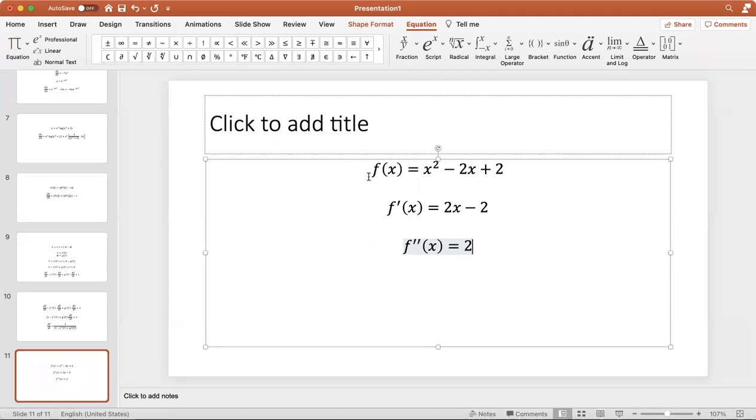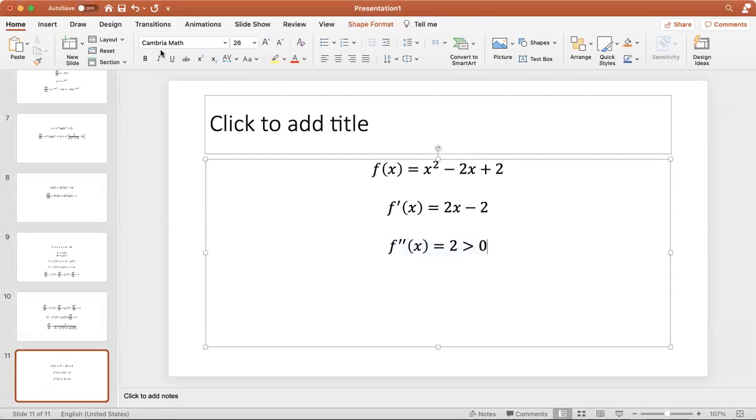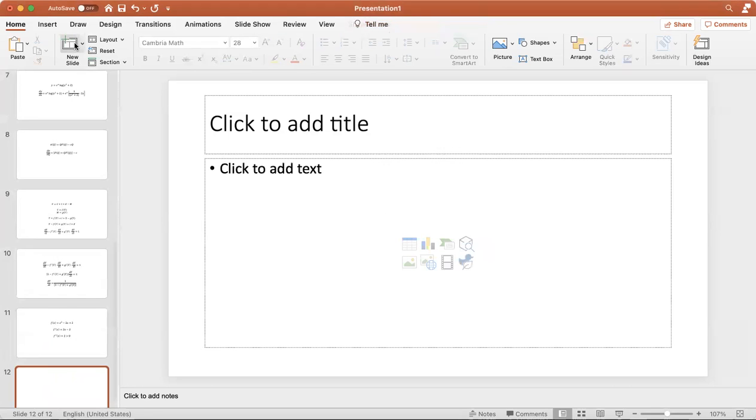So since this is positive, the original function, x squared minus 2x plus 2, is a convex function. This is basically a parabola whose vertex is basically below. It's a U-shaped function. All right. Now, how about number 3? Maybe you can start with number 3.